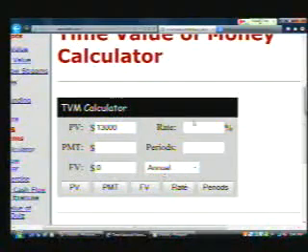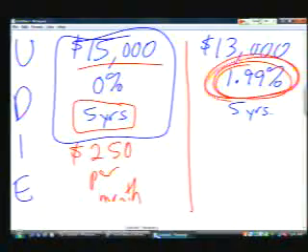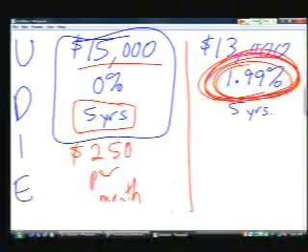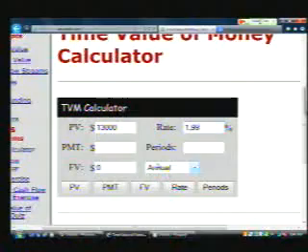So let's see. 0 is our future value. What are you going to put in for the rate? Rachel? I'll give you a hint. That's what I said, 1.99%. 1.99 is correct. So put 1.99 into the rate.